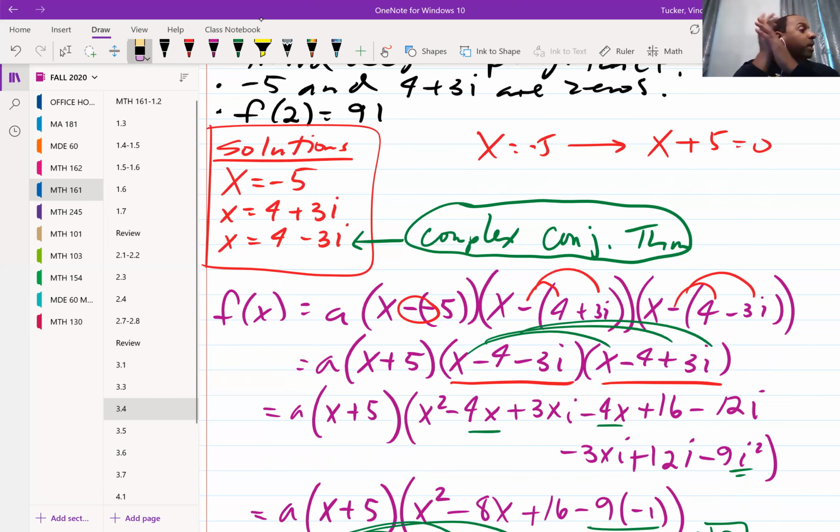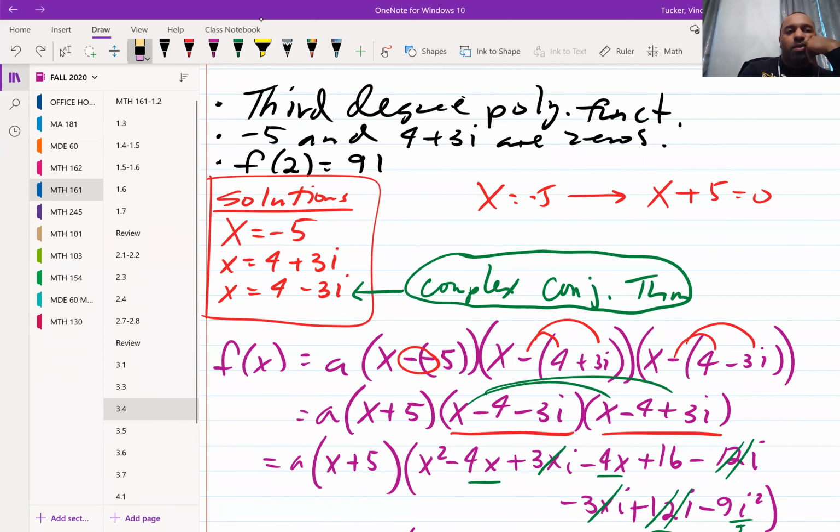So once you do this multiplication and distribution, all of your terms that have i involved should either cancel out or simplify out one way or the other, just like i squared is -1. So once you simplify that, you will no longer have the imaginary part. So 12i is going to cancel. 3xi is going to cancel as well.